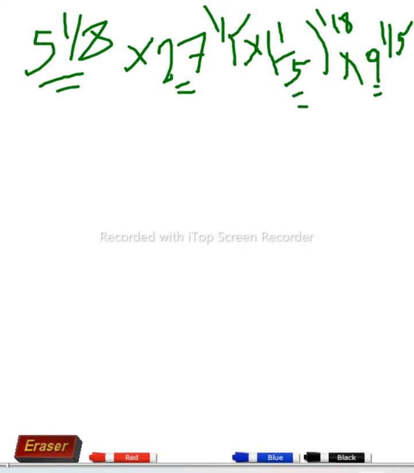So we bring together 5 times 1 over 5, all to the power of 1 over 8.